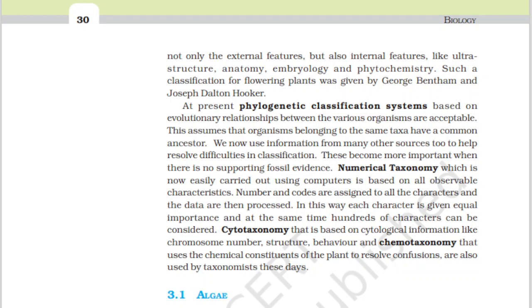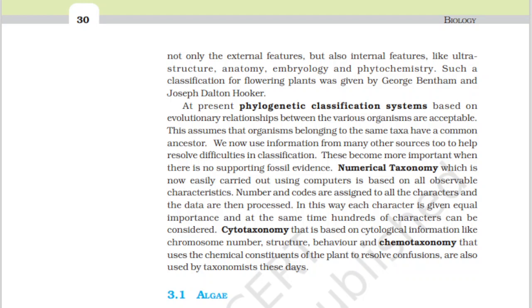Numerical taxonomy, which is now easily carried out using computers, is based on all observable characteristics. Numbers and codes are assigned to all the characters and the data are then processed. In this way, each character is given equal importance, and at the same time, hundreds of characters can be considered.